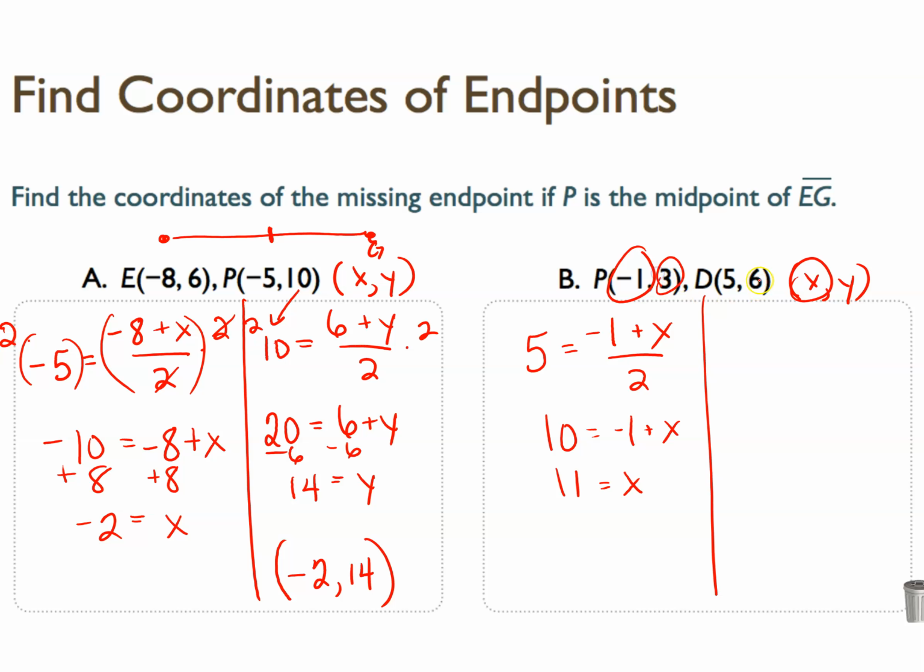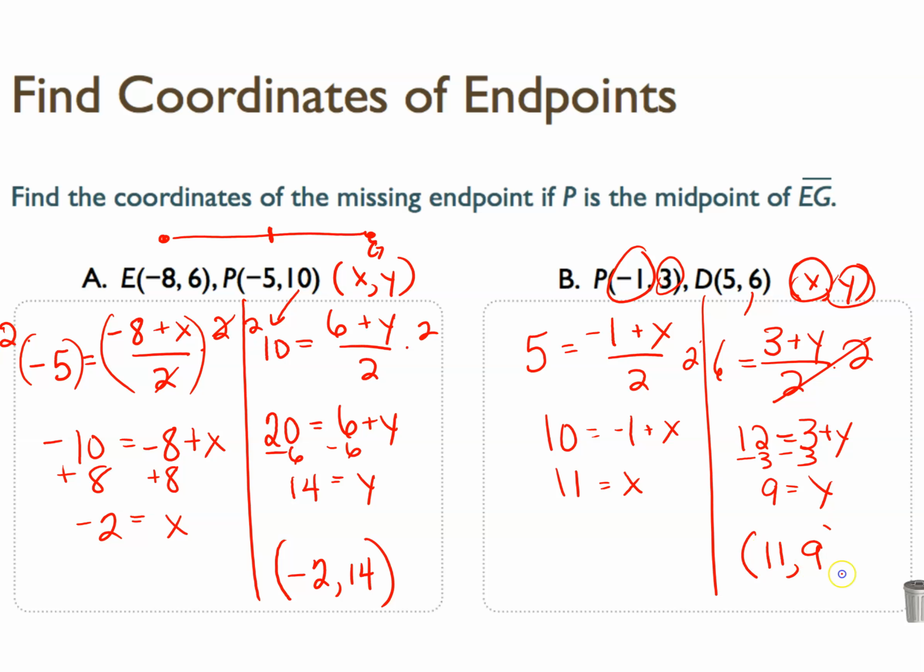All right, your ends: 3 plus y over 2 equals your middle, 6. Multiply both sides by 2, and 12 equals 3 plus y. Subtract 3 from both sides, and the final answer is 9.